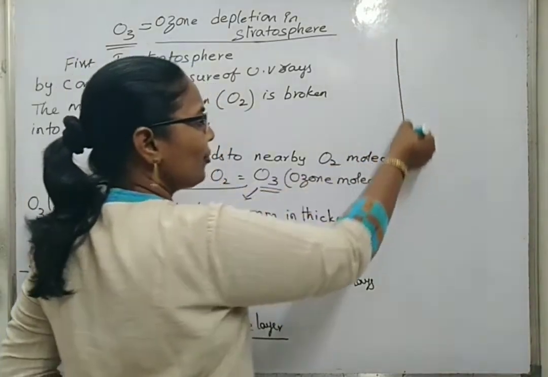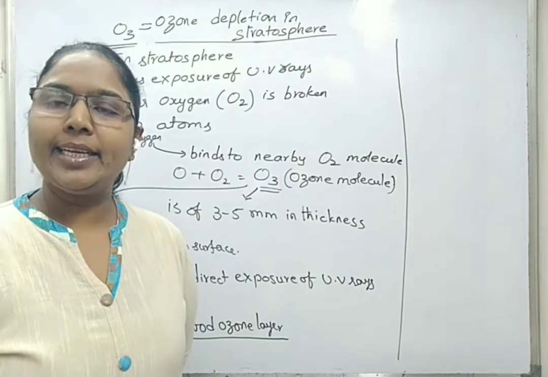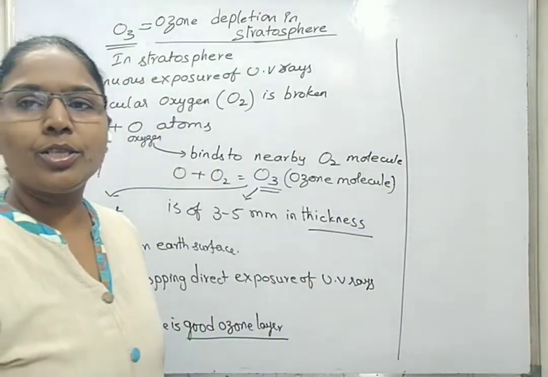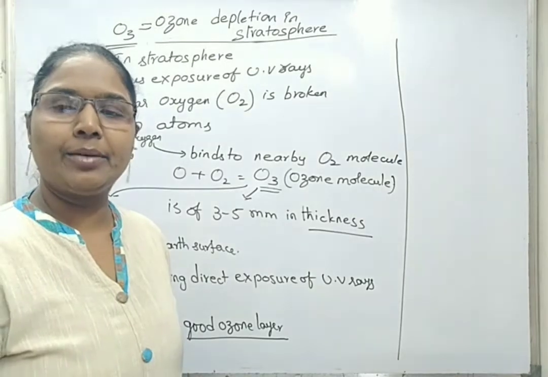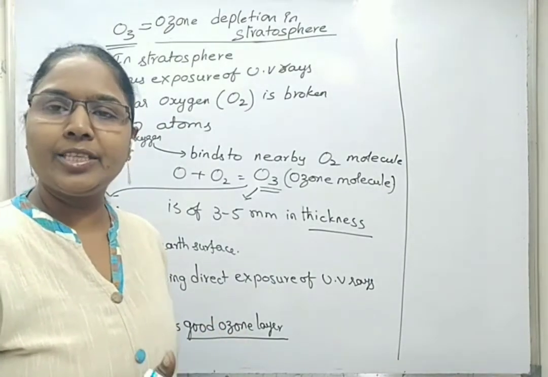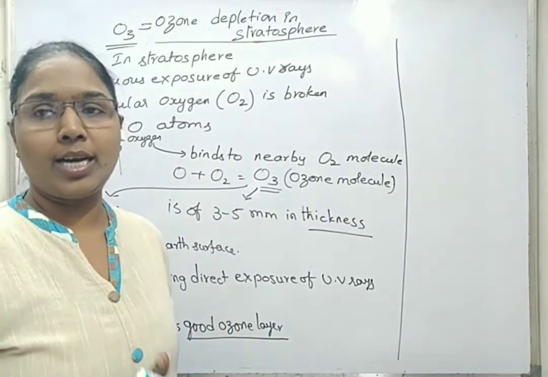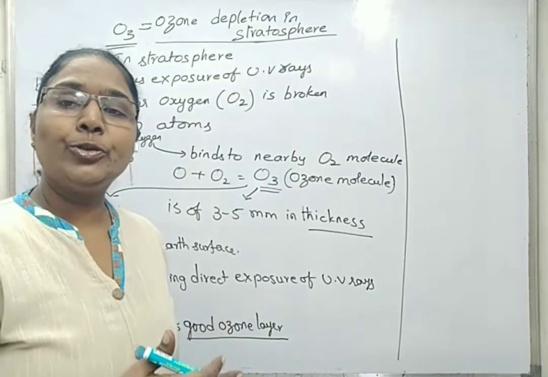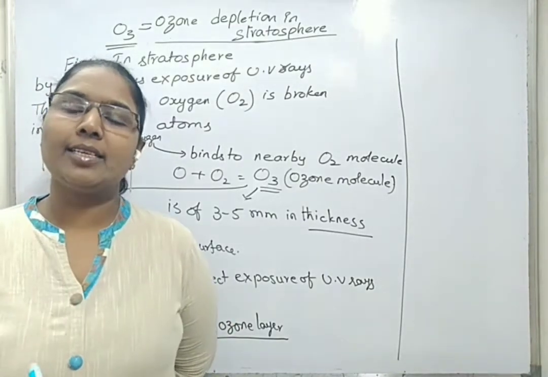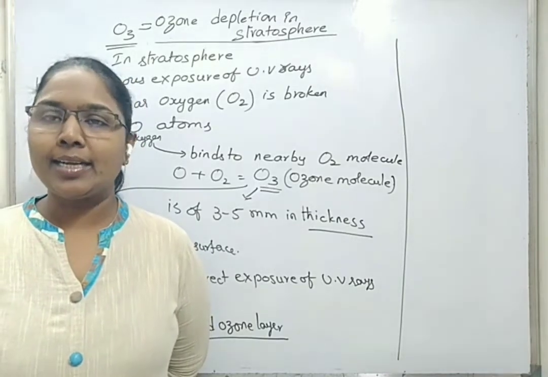But because of human activities, this good ozone layer is getting depleted, or decreased in its thickness. This is because of some gases emitted from human-used household items like refrigerators, which release chlorofluorocarbons. When UV rays are exposed to chlorofluorocarbons, they break these aerosols into chlorine atoms.